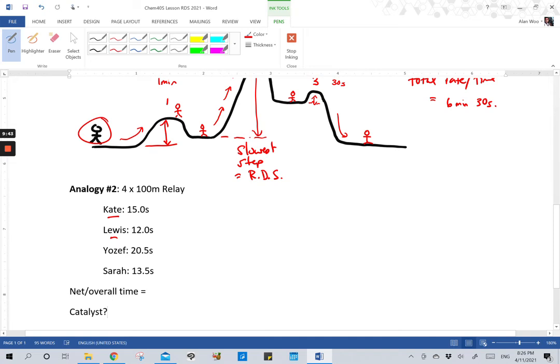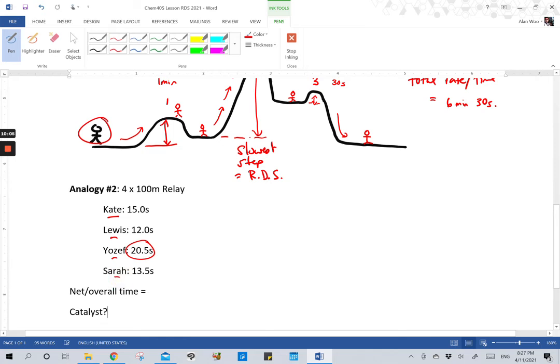He takes about 12 seconds. Now, Joseph, the third runner, he takes about 20.5 seconds. Maybe he's just a little tired that day, but for whatever reason, that's a significant amount of time to take in a 100-meter race.